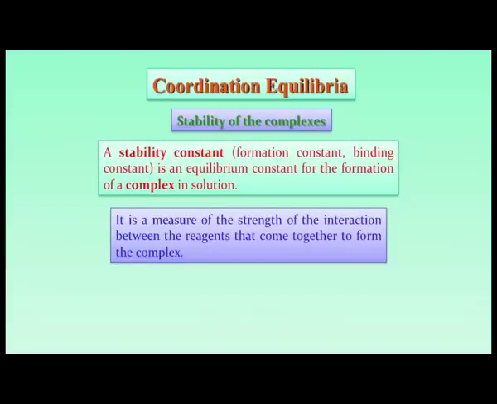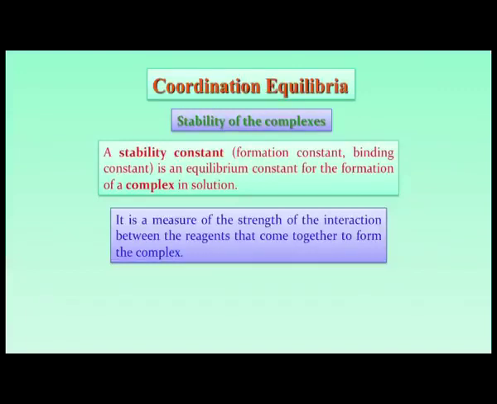Similarly, when the last ligand, dioxygen, binds to deoxyhemoglobin or myoglobin, that also tells us something about the stability constant or formation constant for the binding of O2 to form oxyhemoglobin or oxymyoglobin.